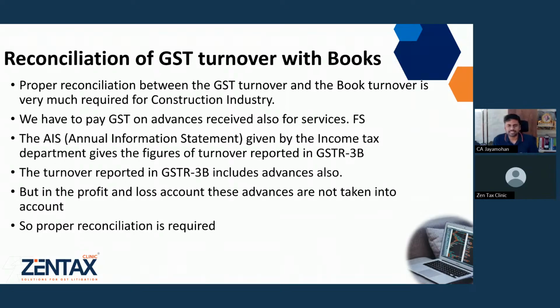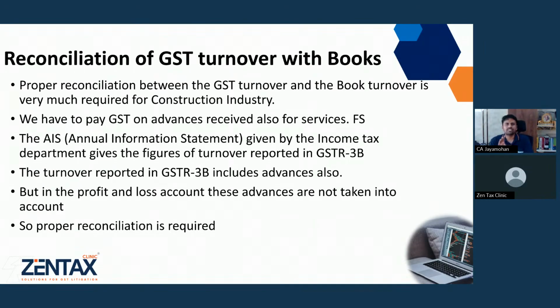Next is the reconciliation of GST turnover. While filing GSTR 9 or 9C, or even before that, once the accounts finalization is over after 31st of March every year, a turnover reconciliation is a must-do activity carried out by businesses. Here I have mentioned a few situations.